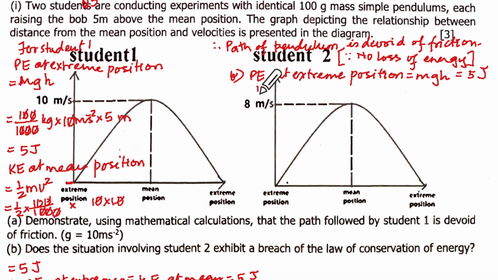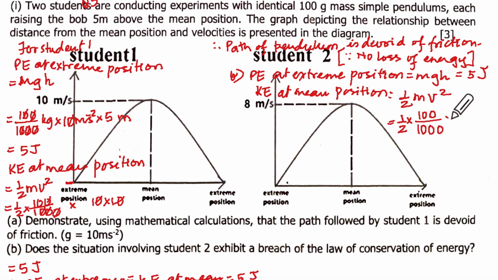But the kinetic energy at mean position will be equal to half mv square, which will be half into 100 upon 1000 multiplied by 8 into 8. So 1 and 2 zeros got cancelled, and 2 ones and 2 fours. So I am having 32 upon 10, which means 3.2 joules.